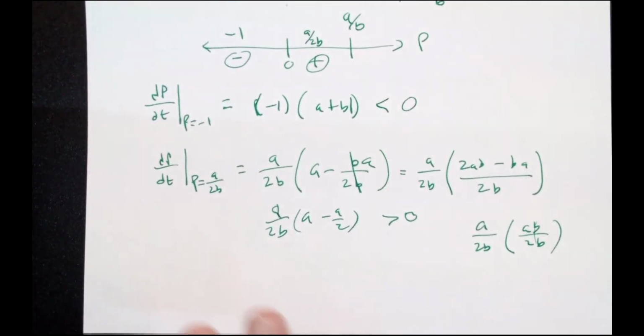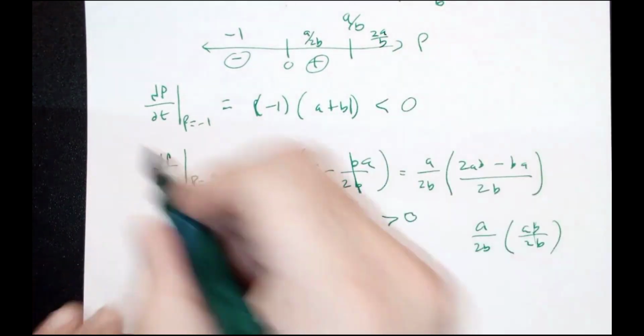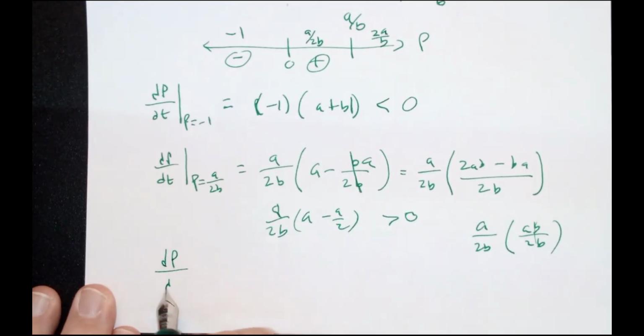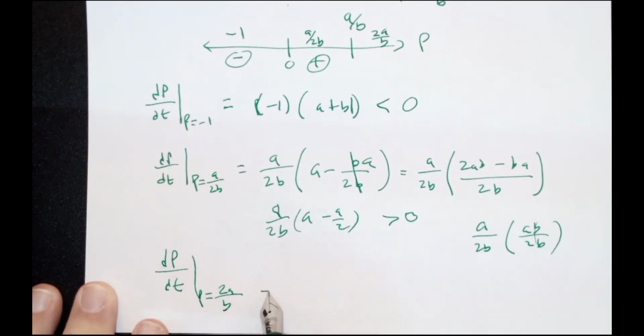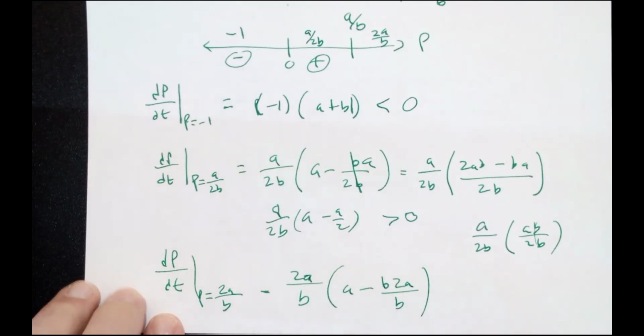I got to do it again. I need a number that's bigger than A over B. Sounds good. We'll use 2A over B. We'll put that in. dP/dt evaluated at P equals 2A over B. 2A over B times A minus B times 2A over B. If I cancel the B's, what do I get inside the parentheses?